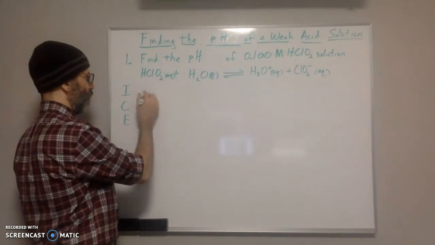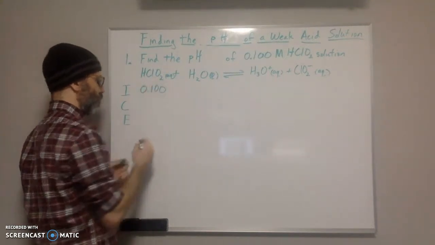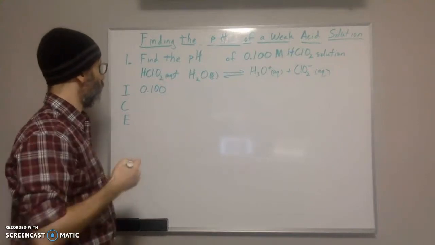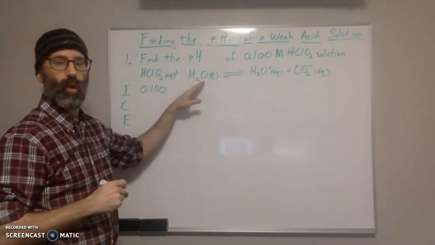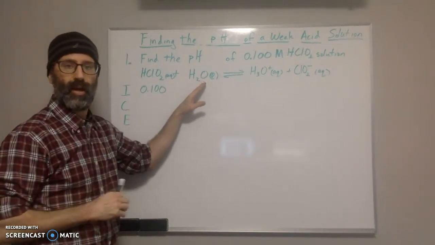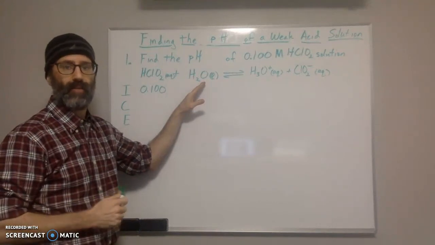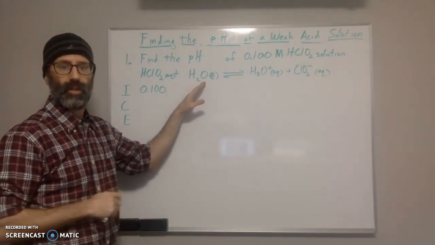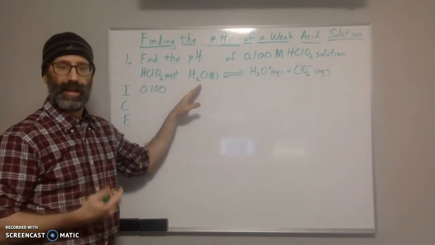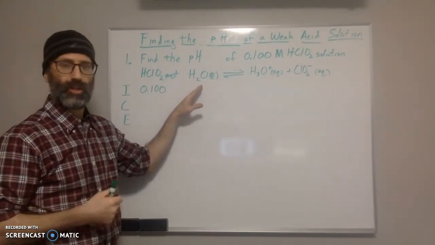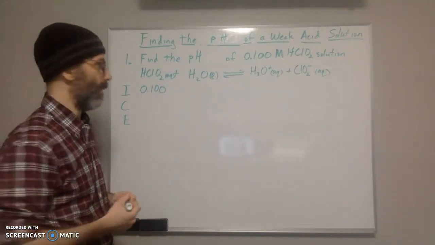Now that we have that set up, our initial concentration is going to be 0.100 for our HClO2. We're going to ignore water because water doesn't end up in our equilibrium expression for the acid ionization constant. Because we're looking at concentrations, the concentration of a liquid doesn't change, so we ignore that.